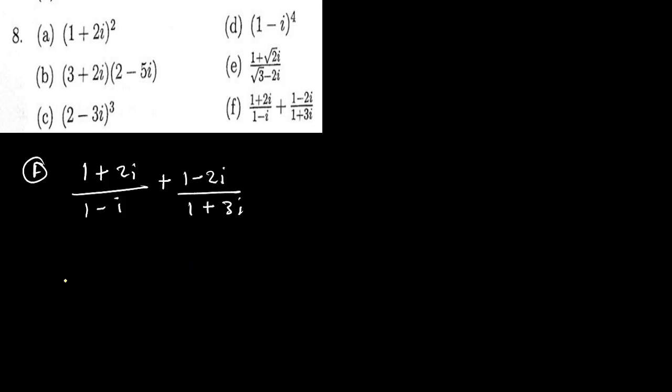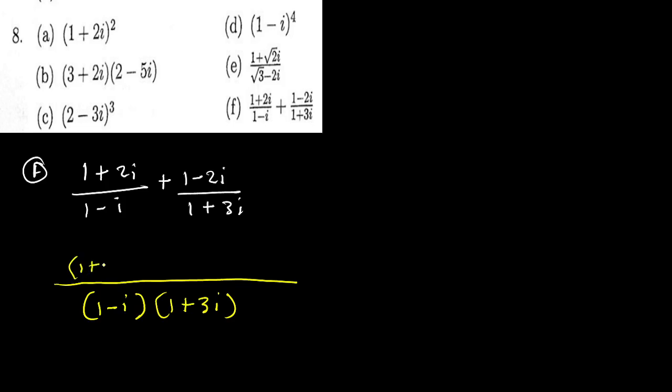So the first thing you're going to do is you're going to solve them like fractions. Common denominator is 1 minus i, and then another one which is 1 plus 3i. Then from here, this into that is this one, so you're multiplying the numerator 1 plus 2i by this one, which is 1 plus 3i.